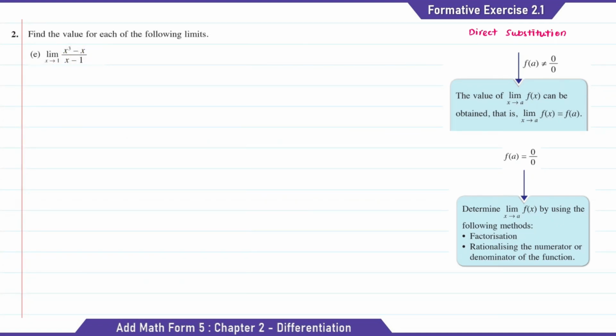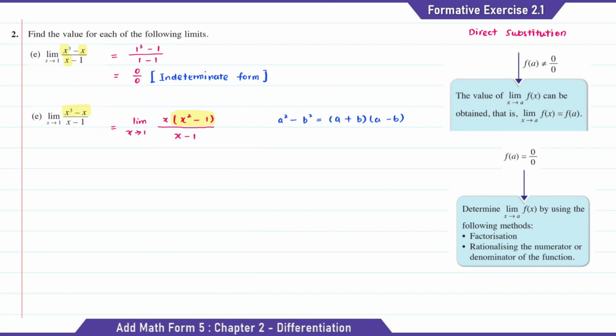Question E. As x approaches 1, then I'm going to substitute here the x with 1. The answer of this is 0 over 0. To find the limit value for E, here I need to factorize it. So here we can factorize the numerator. The common factor here is x. So x bracket x squared minus 1. So here we can continue to factorize for this part.